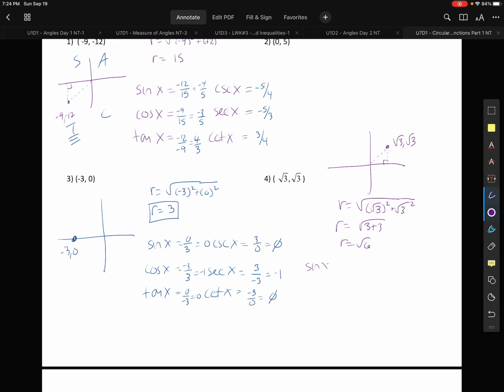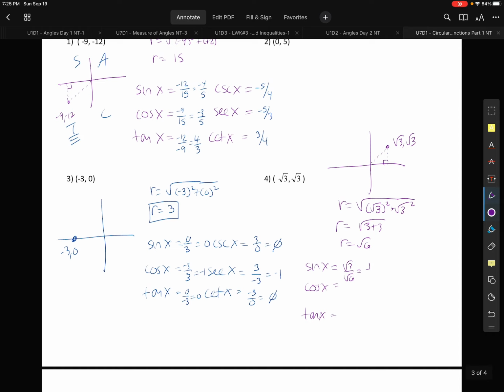So we got sine x, cosine, tan. Alright, I'm going to write these out first. So sine is y over r. Rad 3 over rad 6.